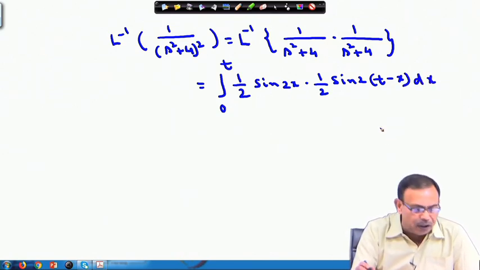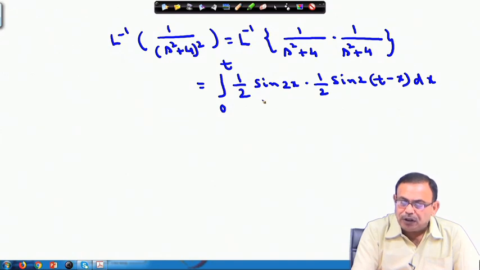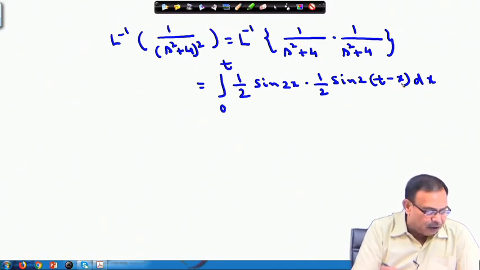And we know the Laplace inverse of 1 by s square plus 4 is half sin 2t. So, I am writing it in terms of integrals from 0 to t. This is f star g, where f is half sin 2x and g is half sin 2t. So, using the convolution definition, I am writing it as the integral from 0 to t of half sin 2x into half sin 2(t minus x) dx.